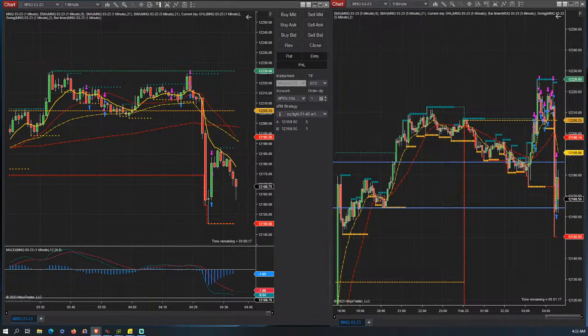All right. Nasdaq's now hovering around in between 12,165 and 12,180.